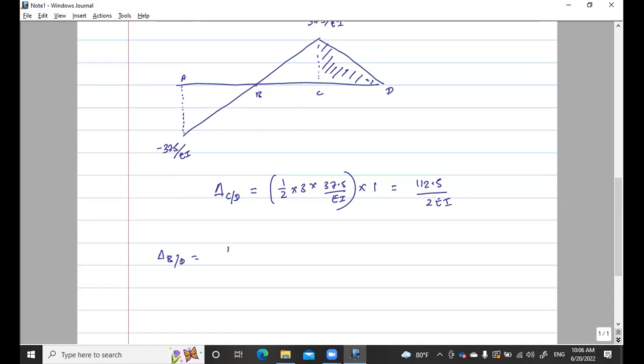So that is half times 6 times 37.5 over EI. That is the area. And the distance from B is 3 because the centroid will be somewhere in the middle. So that is 337.5 over EI, delta BD.